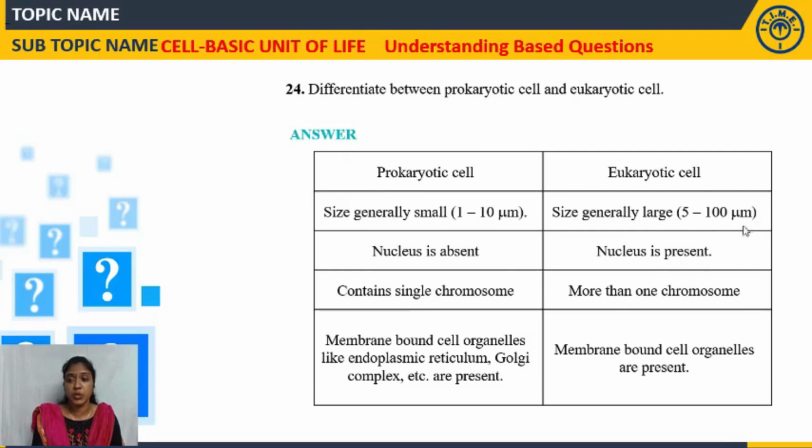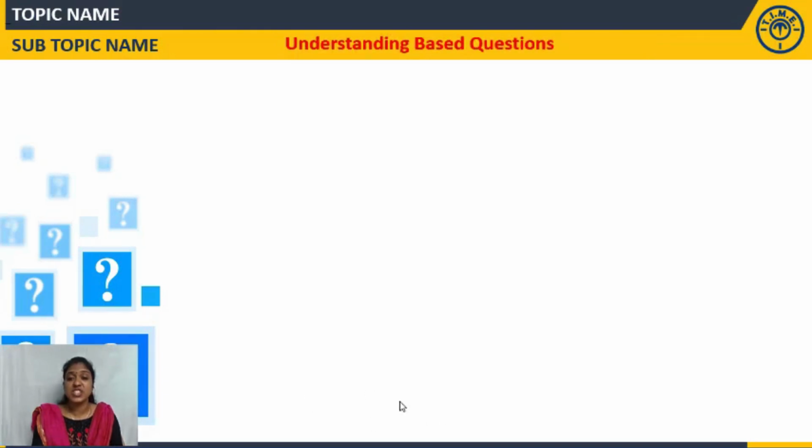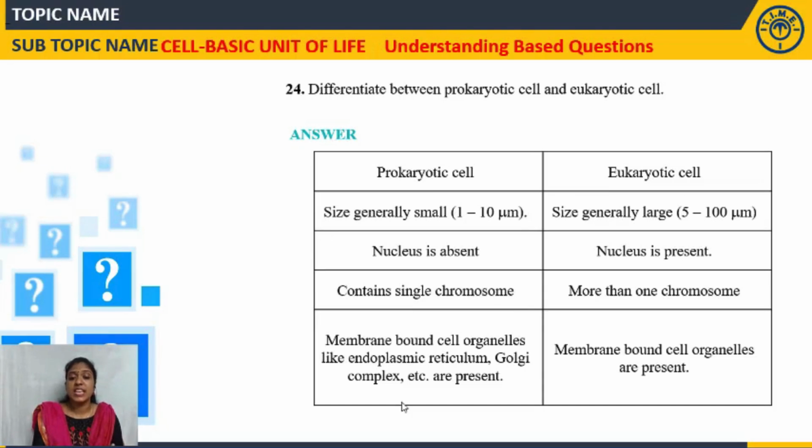In prokaryotes the nucleus is absent and there is a single chromosome, while eukaryotes have a nucleus and more than one chromosome. Membrane-bound cell organelles like endoplasmic reticulum and Golgi apparatus are absent in the prokaryotic cell. In the eukaryotic cell, membrane-bound cell organelles are present. So these are the differences between a prokaryotic cell and a eukaryotic cell.